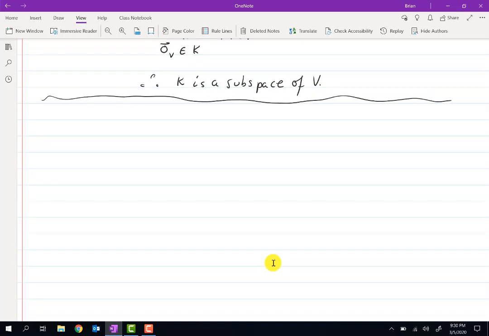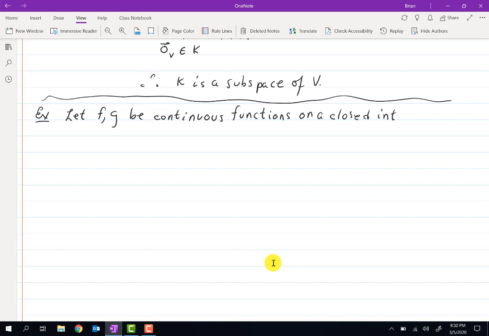Here's a little bit of a different flavor of example. Let f and g be continuous functions on a closed interval [a, b]. And this actually has a notation associated with it.